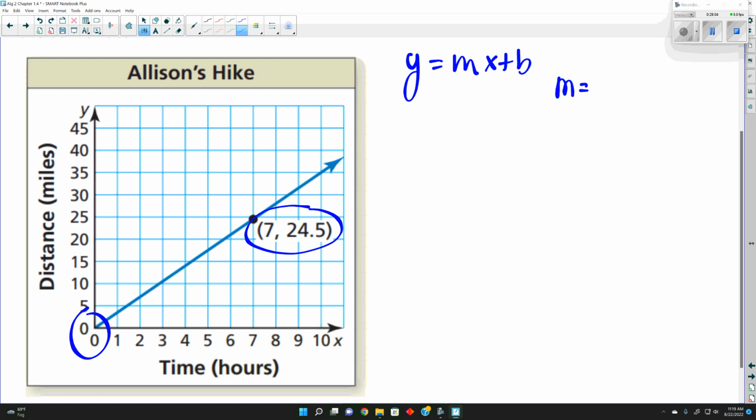And the slope for this is going to be y2 minus y1 over x2 minus x1.